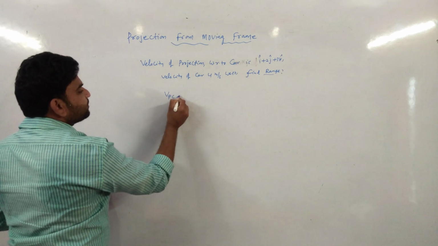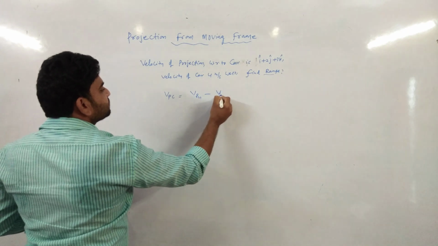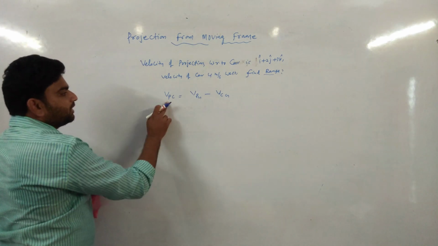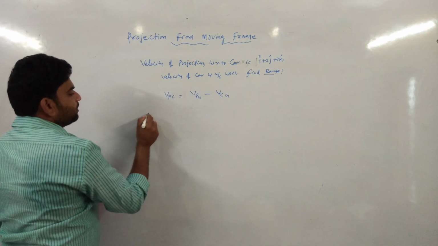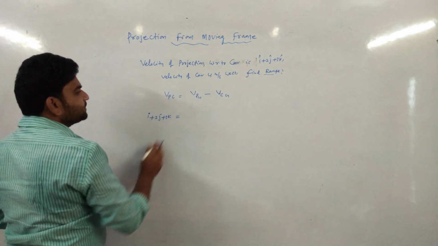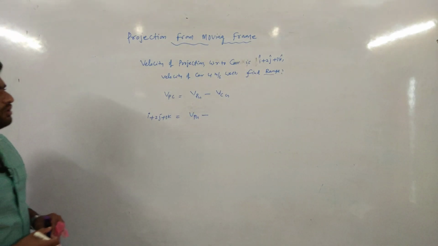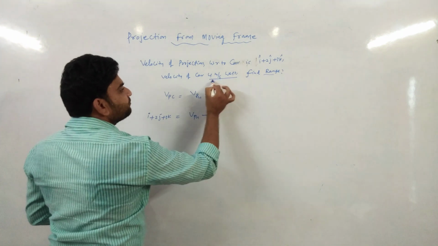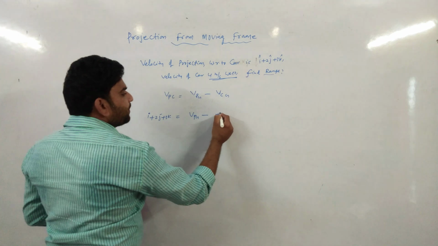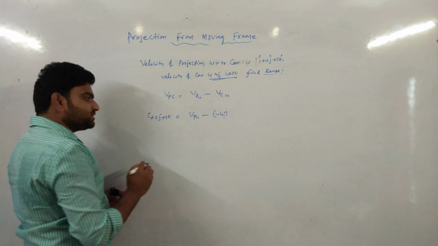Velocity of projection with respect to car can be written as velocity of projection with respect to ground minus velocity of car with respect to ground, right? We are supposed to calculate the first value, and we know the velocity of projection with respect to car is i plus 2j plus 3k, which equals the unknown value minus the velocity of car with respect to ground, which is 4 meters per second west. West is nothing but the negative x-axis, so we consider it as minus 4i. Minus into minus becomes plus, and bringing it across gives minus 4i.